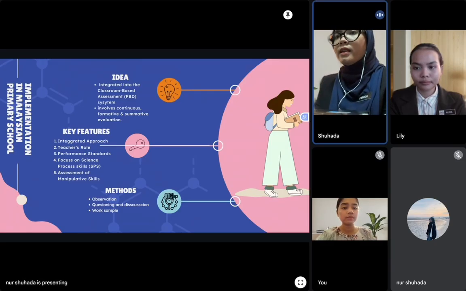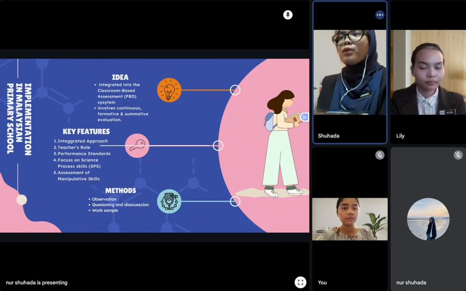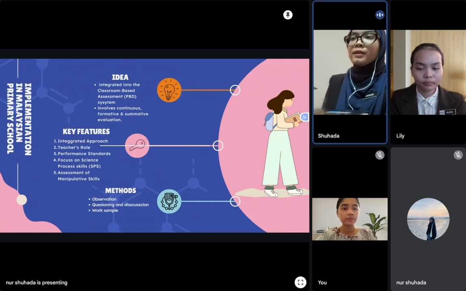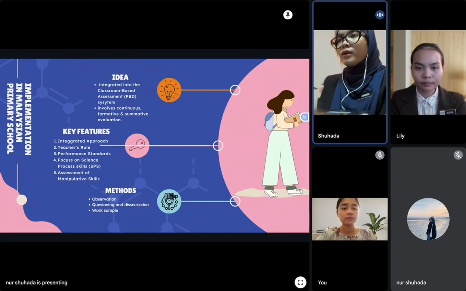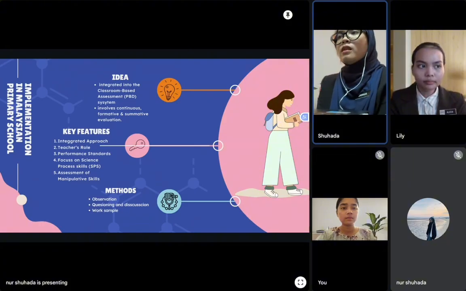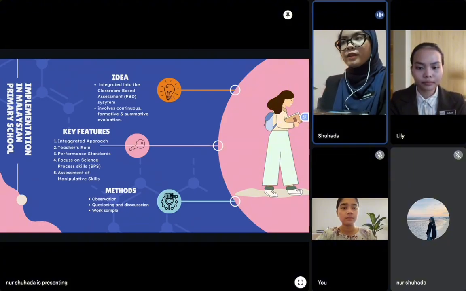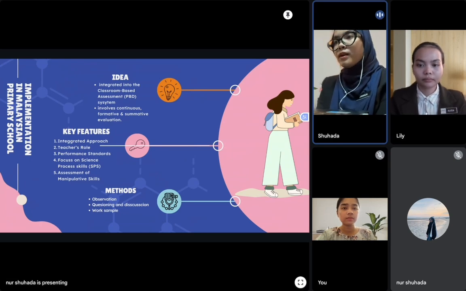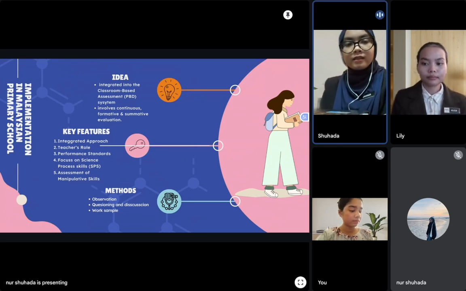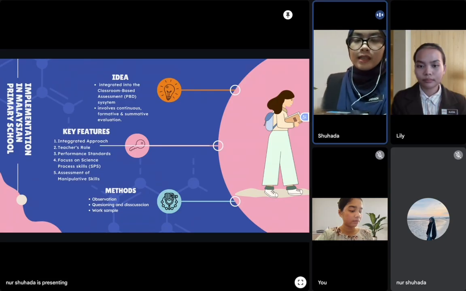Second, questioning and discussion. Using dialogue to probe students' understanding and interpretation of data and observations. Last, work samples. Reviewing student work such as experimental reports, diagrams, tables, and graphs to assess communication and data interpretation skills.